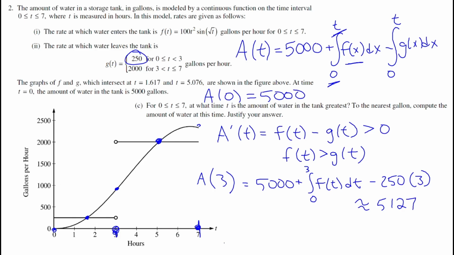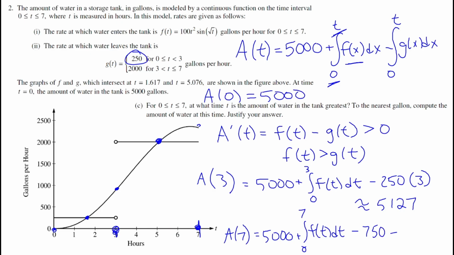And then at 7, A of 7 is going to be 5,000 plus the integral from 0 to 7 of f of t dt. And then we have to subtract how much we lose from 0 to 3, which we already said is 3 times 250, so that's 750.